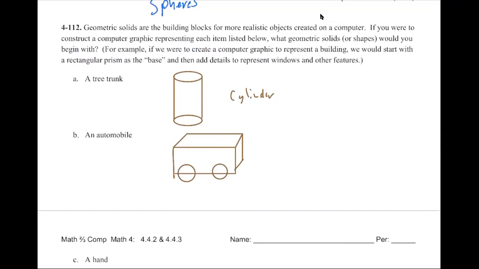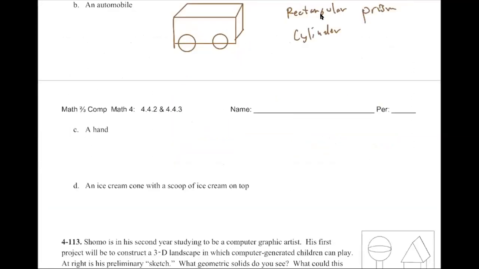Yeah, pretty basic car. Rectangular prism, and then a cylinder. A hand. I guess you can do a rectangular prism for that, and then cylinders for the fingers.